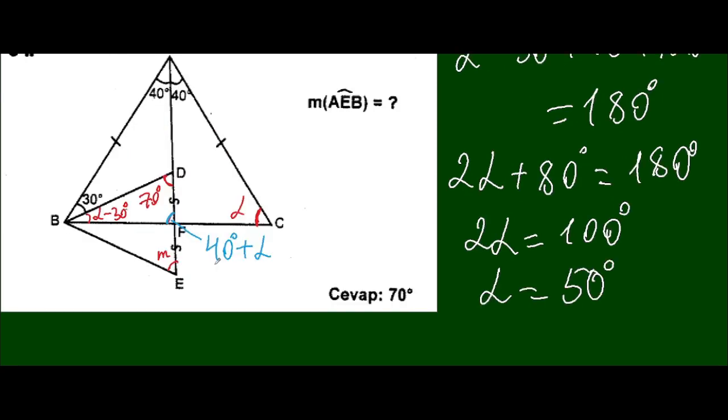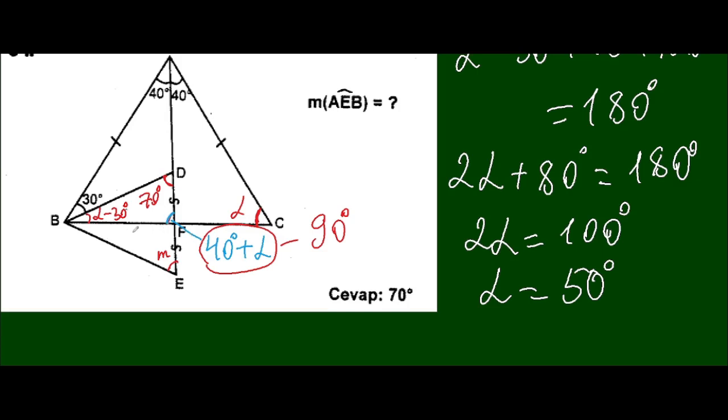But this is not our answer. If we know that alpha will be 50 degrees, this angle will be 90 degrees. From the triangle BDE, we can see that BF line is median and at the same time altitude.